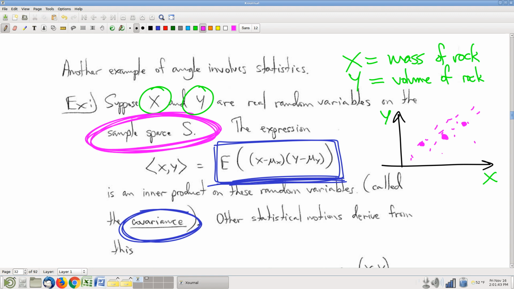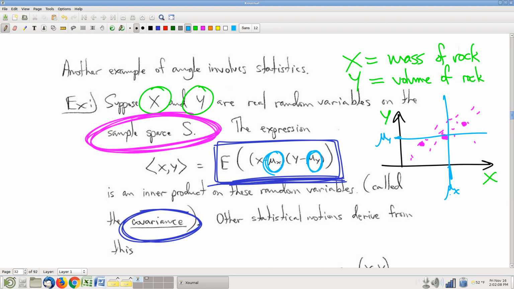Okay. So now, for these rocks, there's going to be an average. Mu x is the average mass. Mu y is the average volume. And let's draw that line and that line.